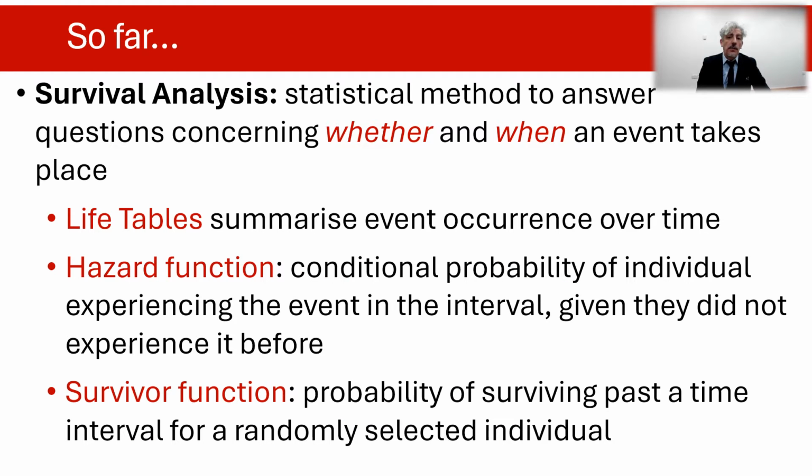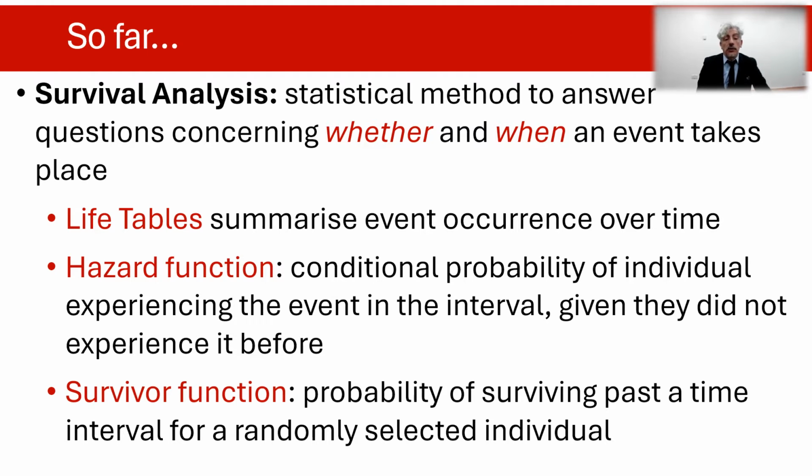I'll just summarize what I have discussed in the two previous presentations. I have highlighted that survival analysis is a statistical method that is used to answer questions about whether and when an event of interest takes place. I've also described the life tables, which are useful ways to summarize event occurrence over time.